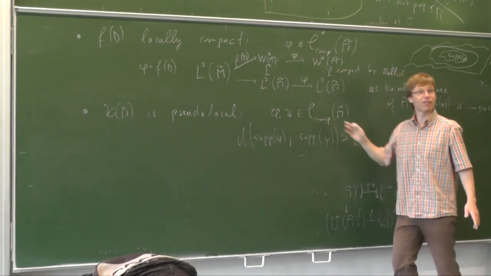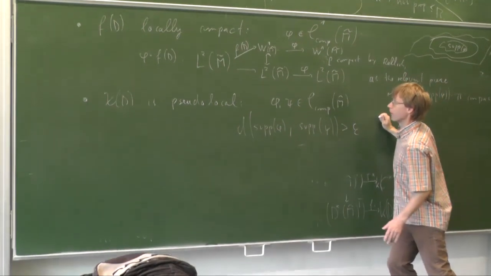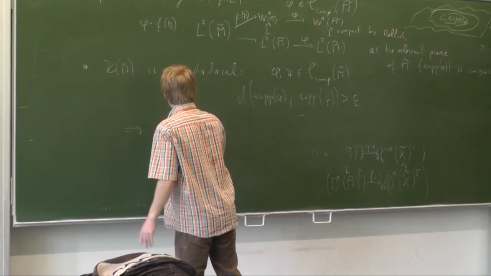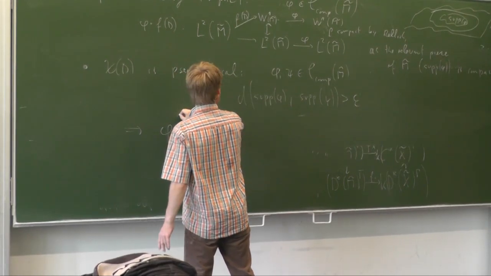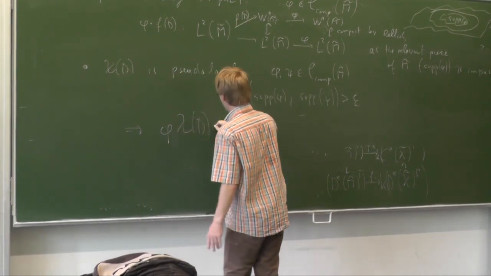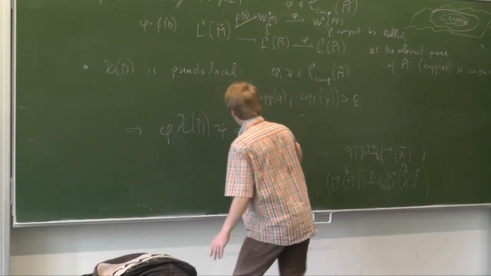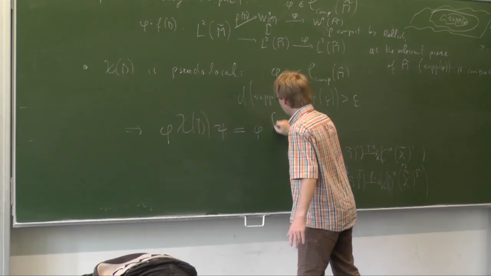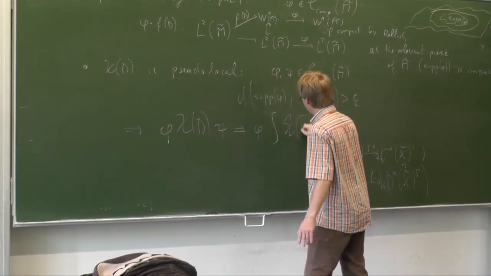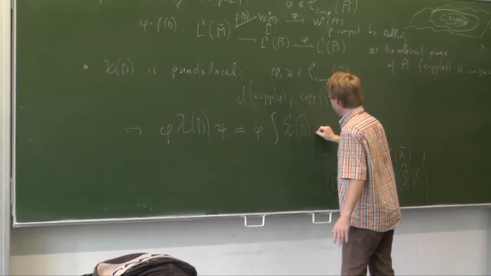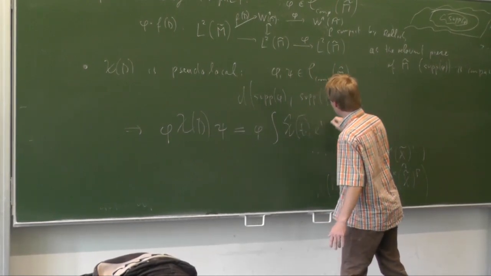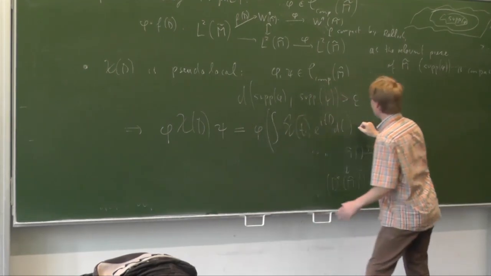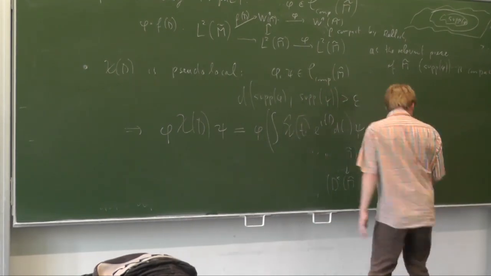If they're disjoint, there is this epsilon there. Then phi chi of D psi is, what is it, phi, we do the integral over chi hat of t, e to the i t D, and then psi.